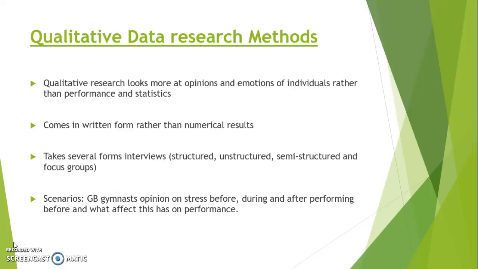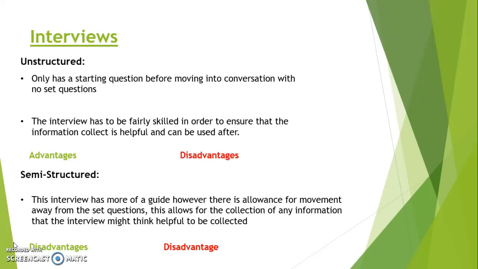Obviously this is qualitative because you would have to carry out interviews, because you can't measure the emotions and how much stress someone's feeling. You would have to ask them questions about this rather than trying to get any sort of numerical data from it.